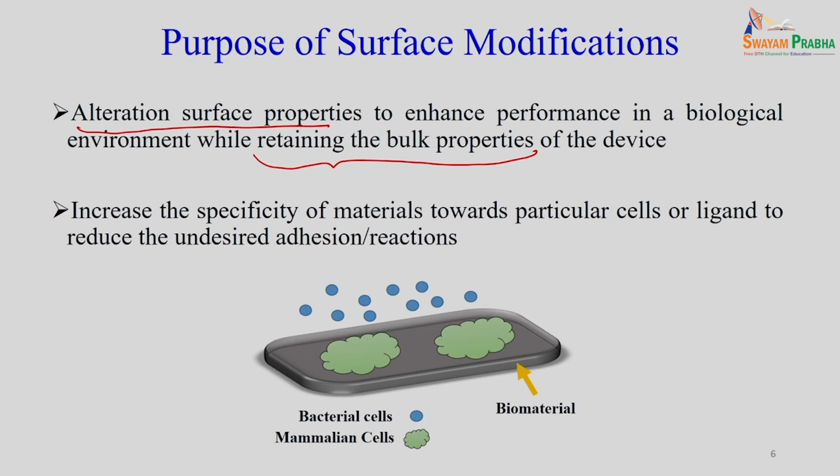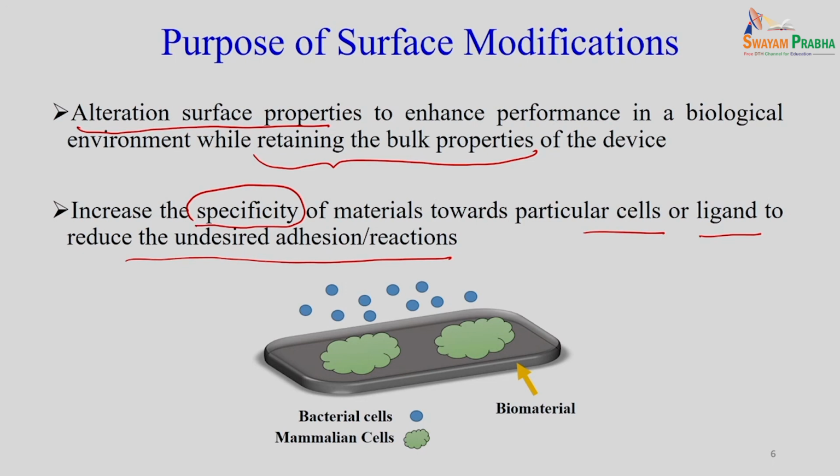Like I told, one example was you want to increase the specificity towards a particular cell or a particular ligand, and to minimize the undesired interactions. So, these are the purposes or objectives of the surface modification.